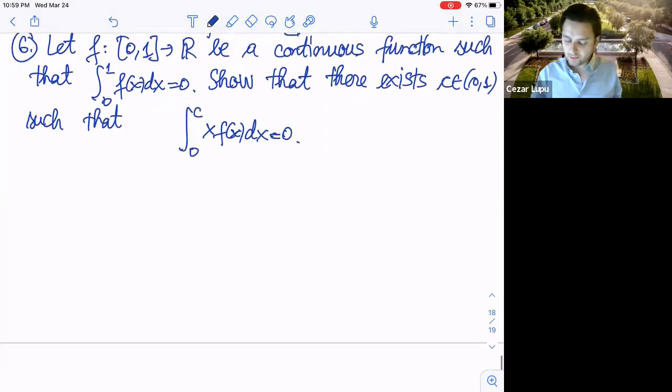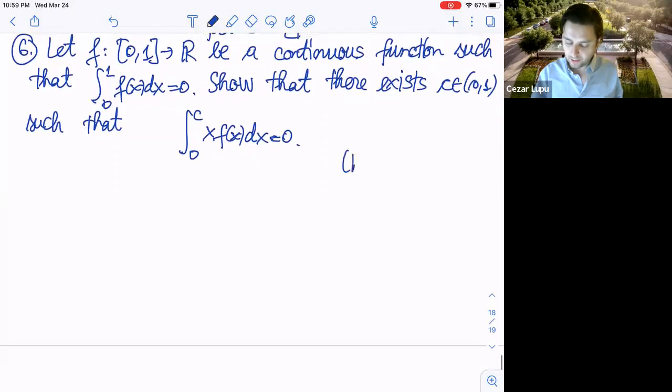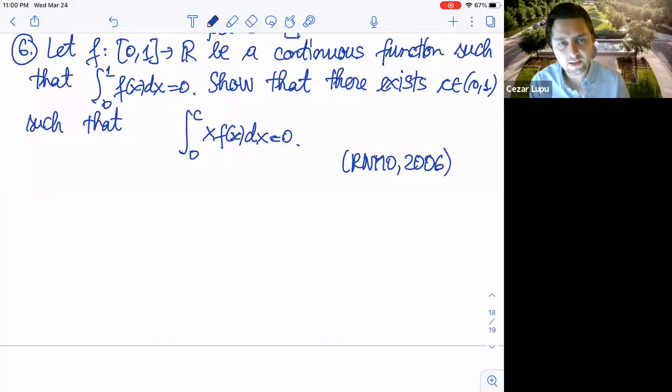I think this was a Romanian National Math Olympiad in 2006. I do remember precisely the year of this problem. At first the problem maybe doesn't tell you much, but it has a deeper meaning than it actually seems.